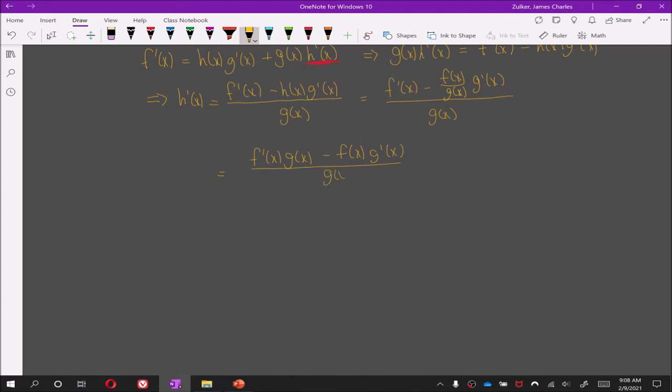That'll be over g of x, and then that whole thing is divided by g of x. Now we can simplify this further, all over g of x squared.